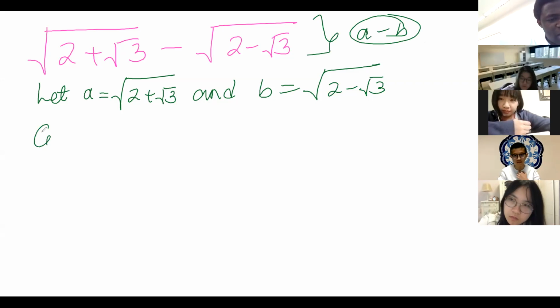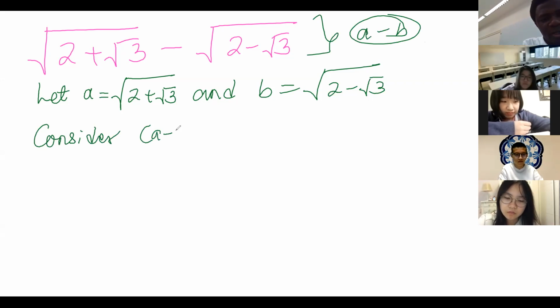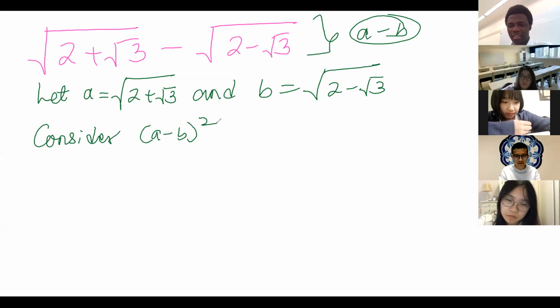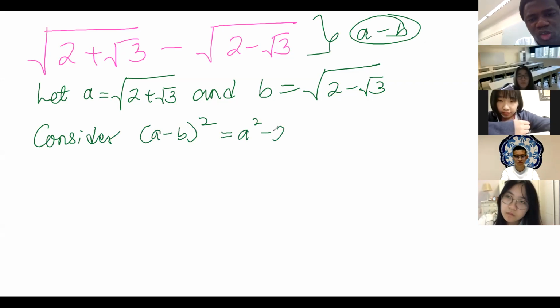That's why I said in the clue that I sent to you, consider (A minus B) squared. If we can work out (A minus B) squared, then we can find the square root of that, and that gives us our A minus B. Now, (A minus B) squared is A squared minus 2AB plus B squared, isn't it?